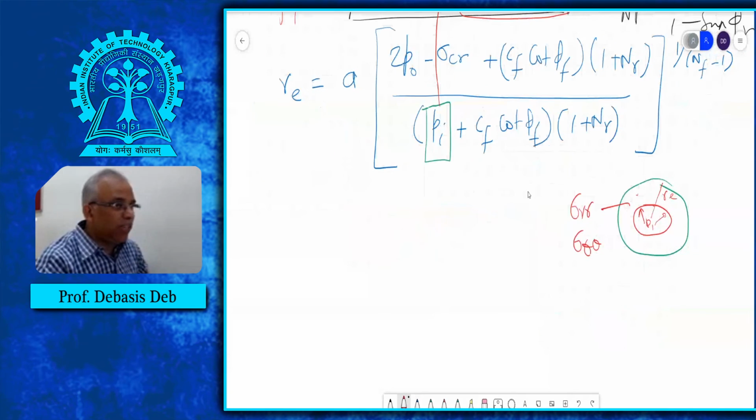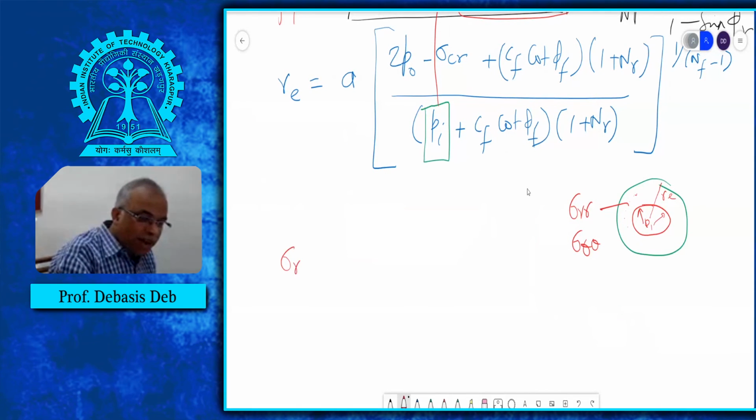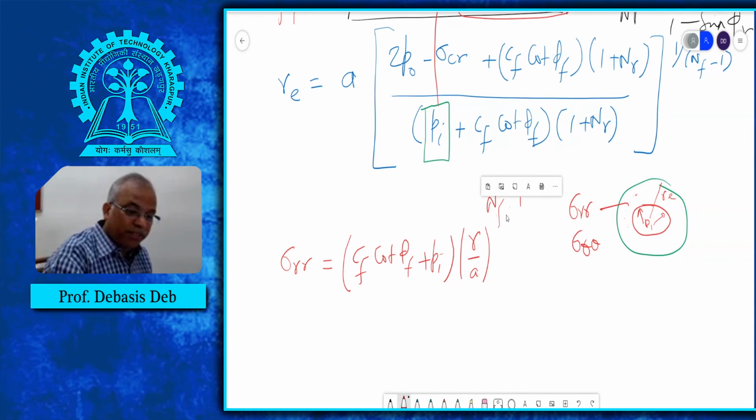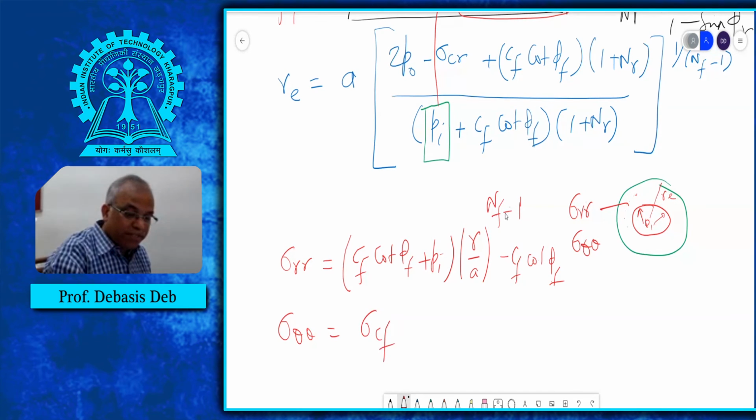Now I can use very simply that sigma RR in the plastic zone will be CF cot phi F plus Pi into R by a to the power NF minus 1, minus CF cot phi F, and sigma theta theta in the plastic zone will be sigma CF plus NF sigma RR.